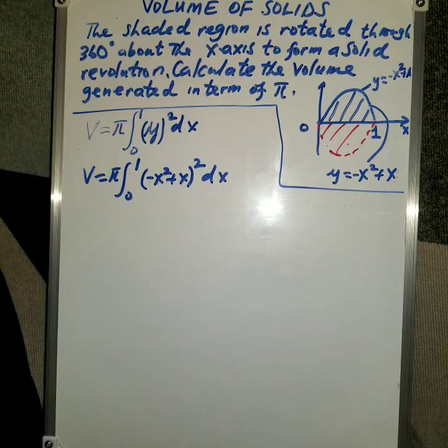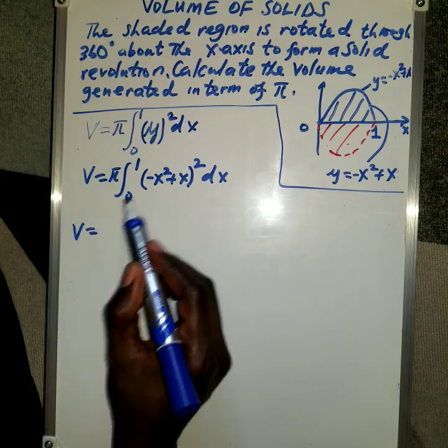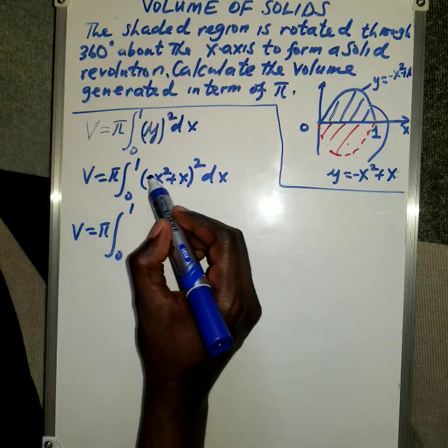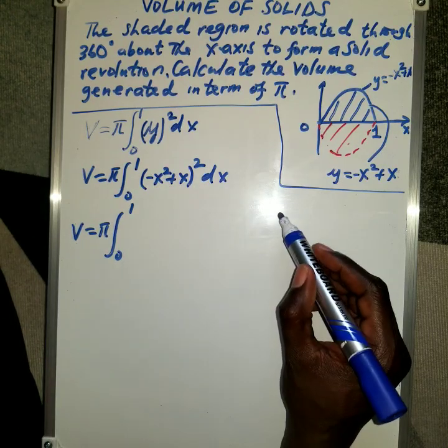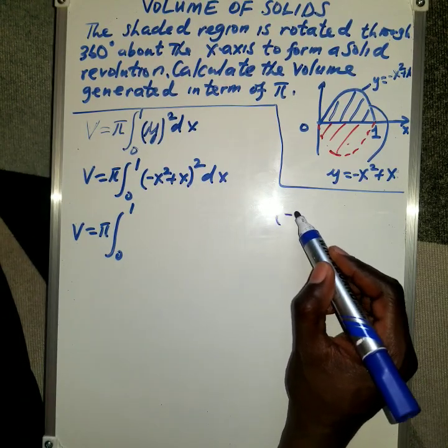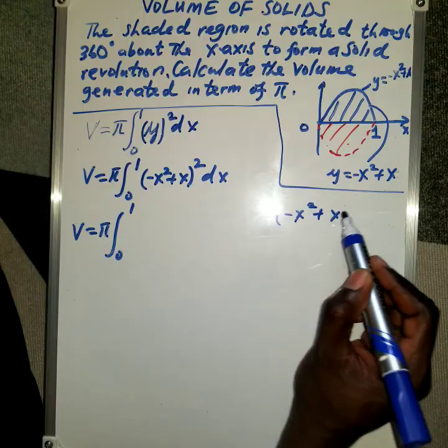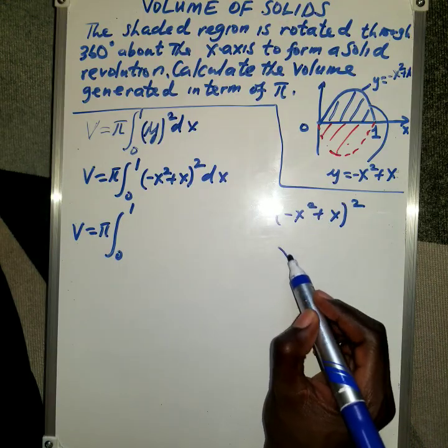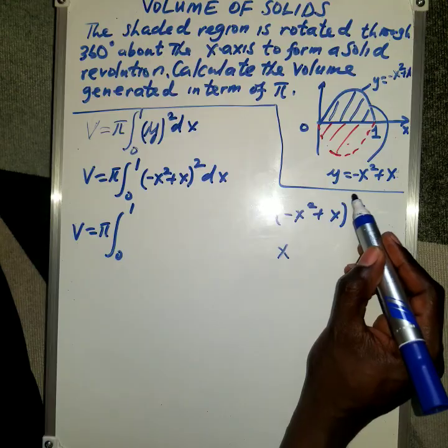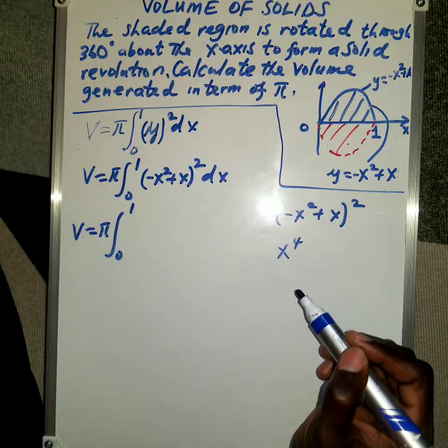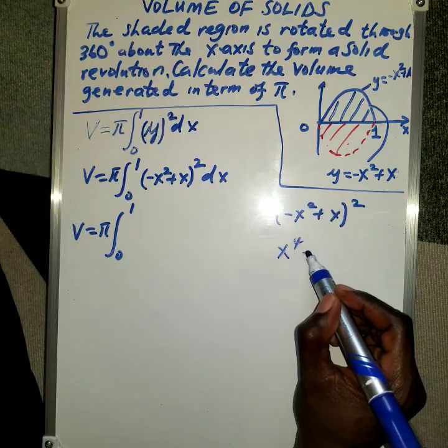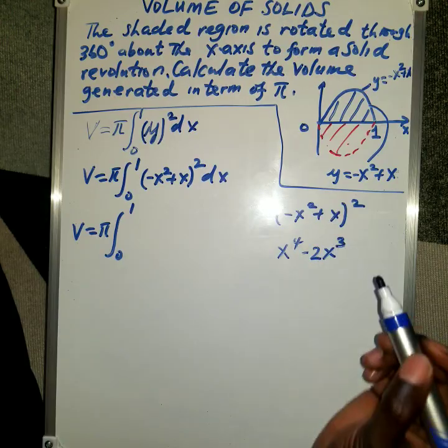Very important. So now the volume will be pi times, first of all we need to expand that. When I expand negative x squared plus x, all raised to the power 2, negative x squared raised to 2 gives me positive x to the power 4. To get the middle term, this times that gives negative 2x to the power 3.